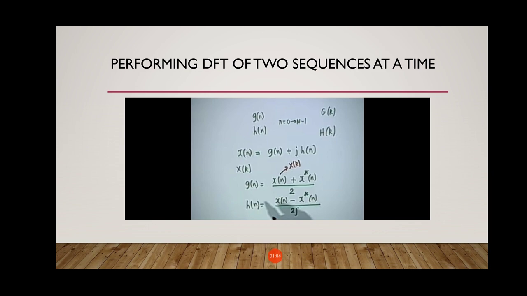Now, from here we can write g(n) will be equal to (x(n) plus x star(n)) by 2, and h(n) will be equal to (x(n) minus x star(n)) by 2. x star(n) is the complex conjugate of x(n). This we all know by the knowledge of basic mathematics.